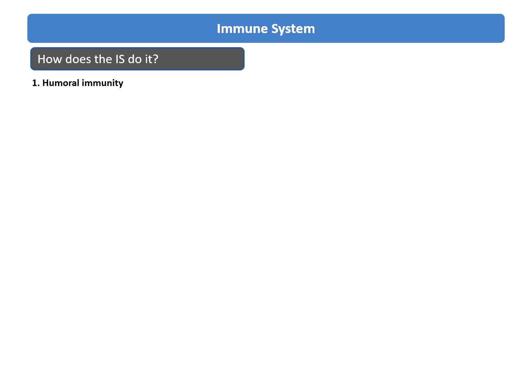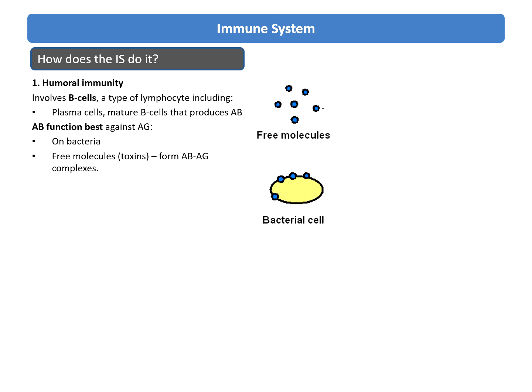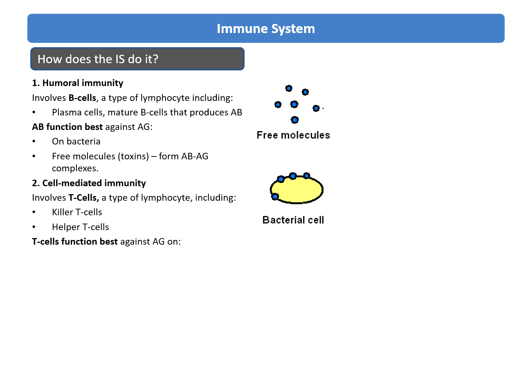Humoral immunity involves B cells, a type of lymphocyte, including plasma cells, which are mature B cells that produce the antibodies. Antibodies function best against antigens on bacteria and free molecules. Cell-mediated immunity, on the other hand, involves T cells. This is another type of lymphocyte. It includes killer T cells, helper T cells, and other types that are being discovered.